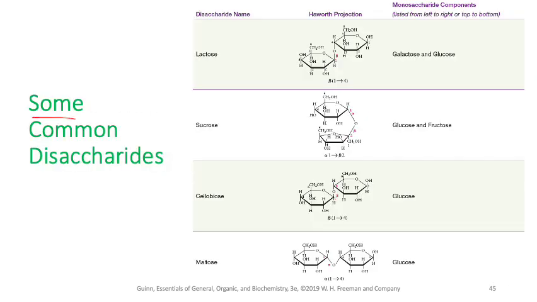So these are some of the common disaccharides. We already talked about lactose and sucrose. Then we have maltose. In maltose, which kind of bond do we have? Alpha 1,4, because the first anomeric carbon binds with the fourth carbon of the second monosaccharide through a glycosidic bond, right? And then this anomeric carbon is free.